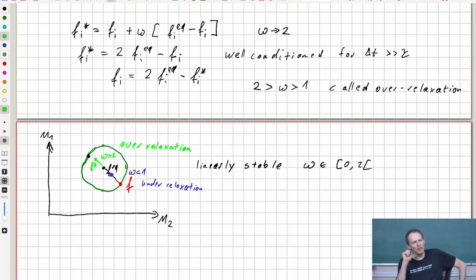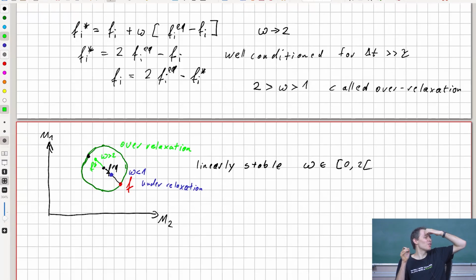If you do under relaxation, you resolve the time scale of the collision, so you have a time step that is shorter than the collision time. No, it's not. In order to be precise, the collision time is the time that the collision takes place. What we mean is the time between collisions.